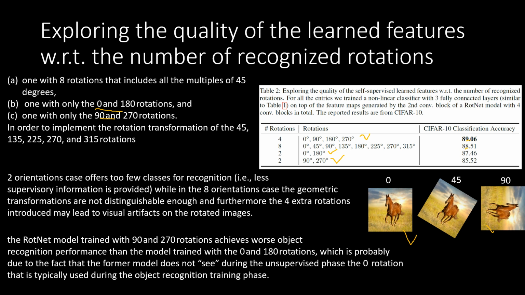The reason is that if we use 90 and 270 and then transfer this pre-trained feature to the recognition task, it does not work well, because natural images are basically at 0 degrees, which in the object recognition task the model has not seen. That's the reason using 0 and 180 is better than using 90 and 270 if you have to go with two rotations. So yeah, this is one more finding from this experiment.